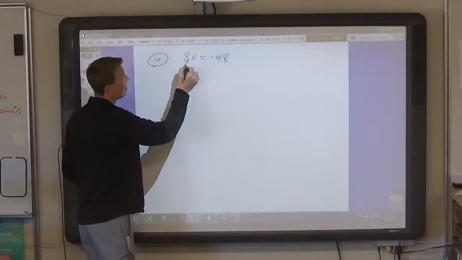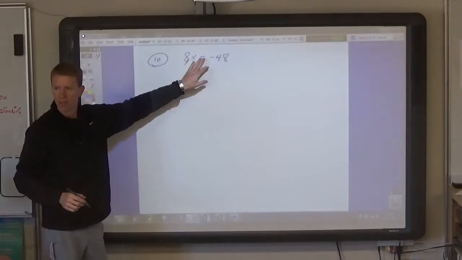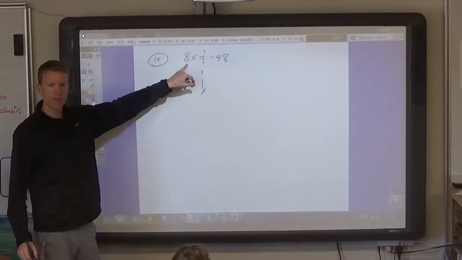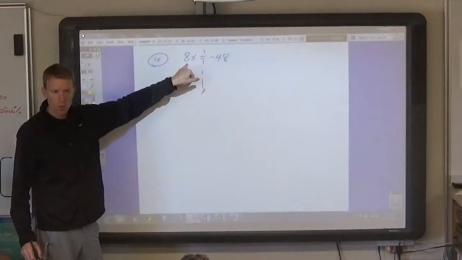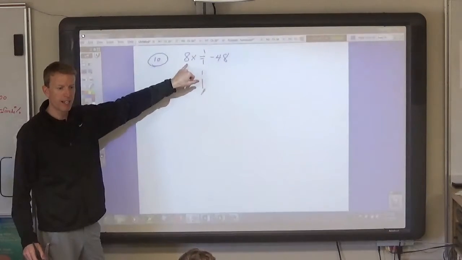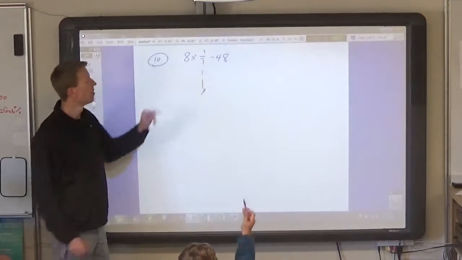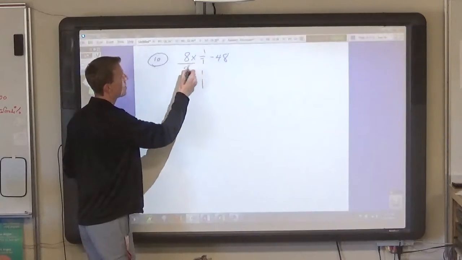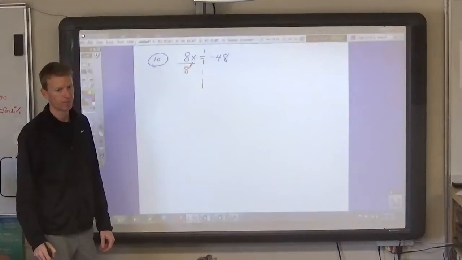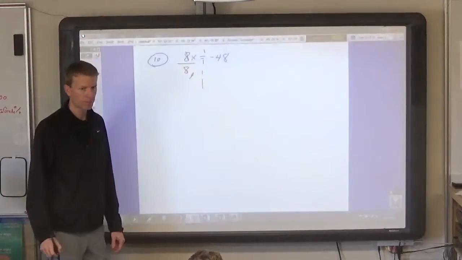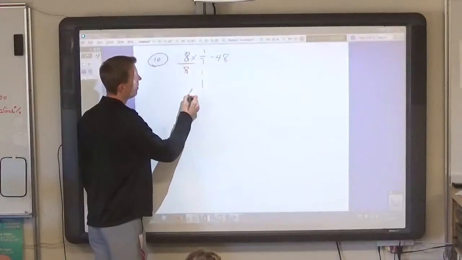Okay, this is where we're starting. Start on the side with the variable. We have to get the variable by itself. We have to get rid of the 8 by crossing it out. So divide this side by 8. 8 over 8 crosses out and equals 1.